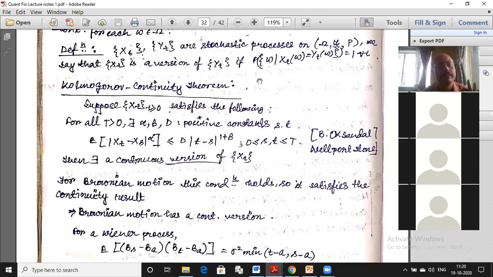I need to know that I can actually invoke the continuity theorem to prove that Brownian motion has continuous sample paths, or Brownian motion has a continuous version. For all practical purposes, you can rewrite this result as saying that because of the Kolmogorov continuity theorem, Brownian motion has continuous paths. If you want to be very precise, you will say that Brownian motion has a continuous version.